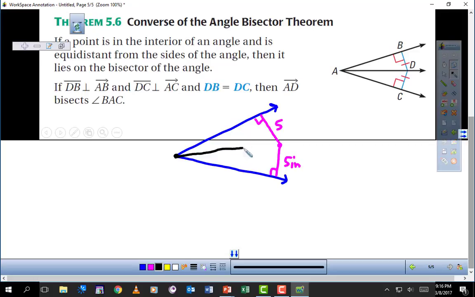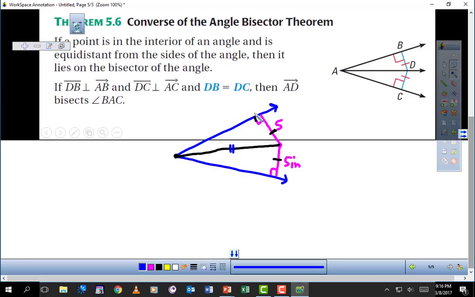And by doing so, it creates two triangles, one up here, one right there. We already know that this side is congruent to this side. And we already know that this is a right angle right here, and that's a right angle. And so we also know that this line right here is congruent to itself.